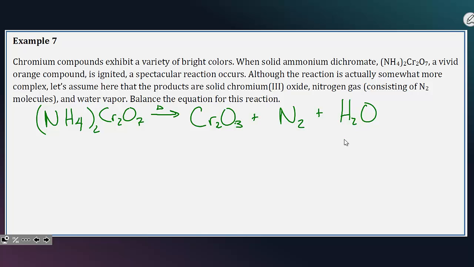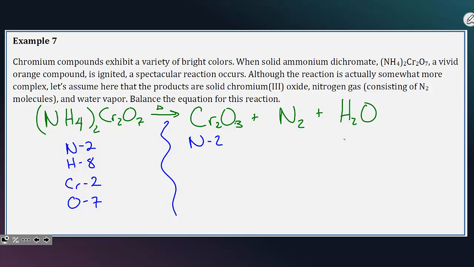We're asked to balance this reaction, so I'll set up my atom inventory. We do not have the same polyatomic ions on both sides, so my first tip doesn't get you through this. You need to look at each element. 2 nitrogens and 8 hydrogens, 2 chromiums and 7 oxygens.